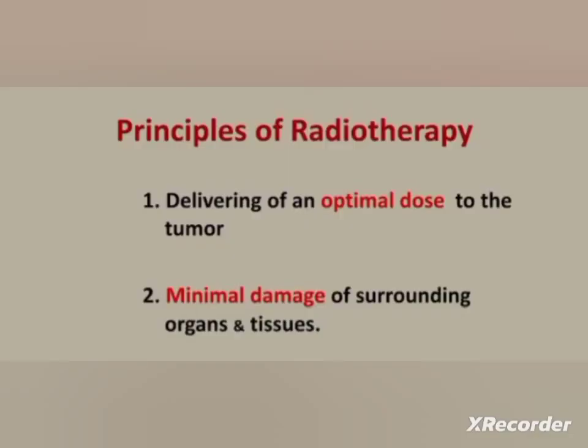Principles of radiotherapy. It includes three points: delivering an optimal dose to the tumor; second, minimal damage to the surrounding tissues and organs; third, measures stimulating protective forces of the body. The first principle, delivering an optimal dose to the tumor, means we are giving a high, specified dose to the tumor only, not to the surroundings.